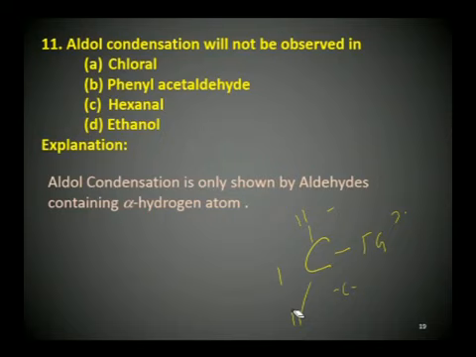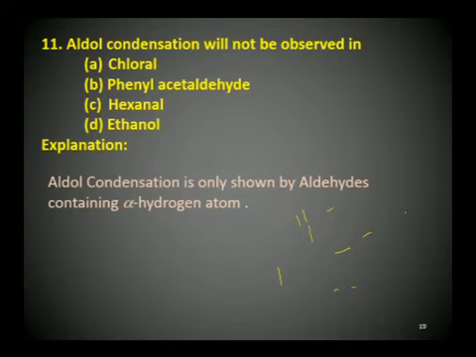Now, in the given options, if you see phenylacetaldehyde, hexanol, and ethanol, you can see that phenylacetaldehyde and hexanol are having alpha hydrogens. Ethanol is an option where you can see that it is an alcohol, it cannot be an aldehyde.